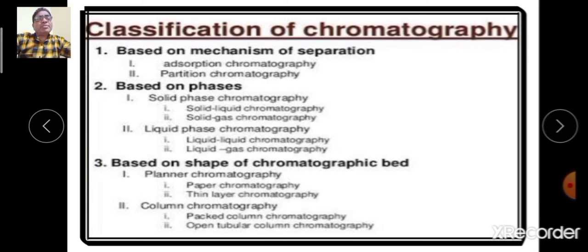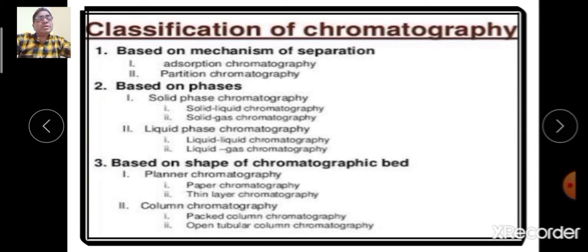Then the classification based on the phases. When solid phase chromatography is studied, there are two varieties. One is solid liquid chromatography and another is solid gas chromatography.